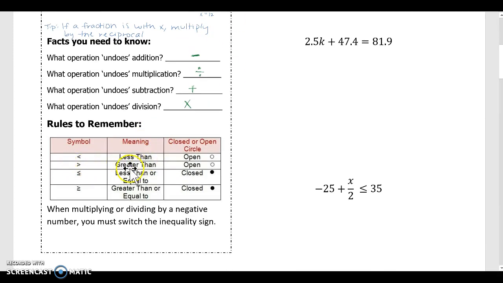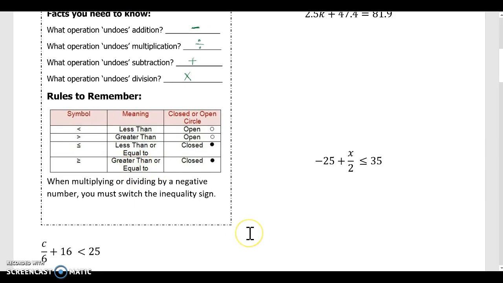All right, so there are some rules to remember when we get into inequalities. If it's pointing to the left, it's going to be less than. So think about a number line. The less than sign is at the smaller end of the number line, and the greater than sign is at the bigger end. It's saying that this number here is greater than this number over here.